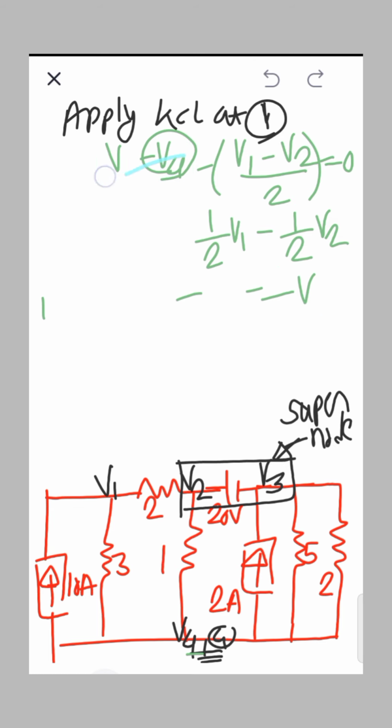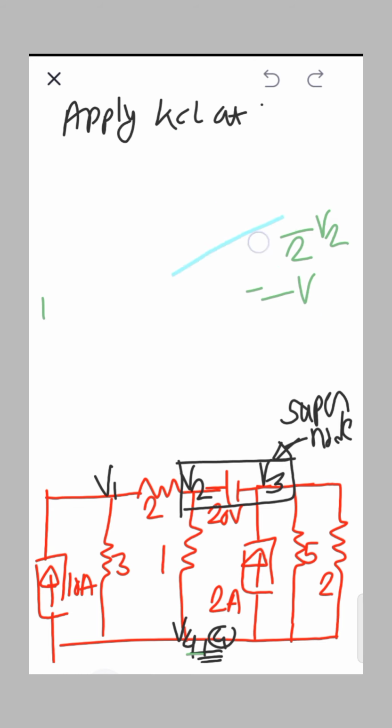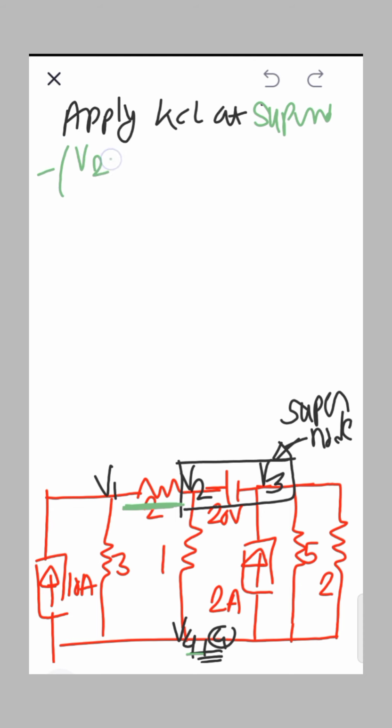Now we will apply KCL at the super node. Starting with this super node, minus (V2 minus V1) upon 2, minus the branch connected between V2 and V4, (V2 minus V4) upon 1.